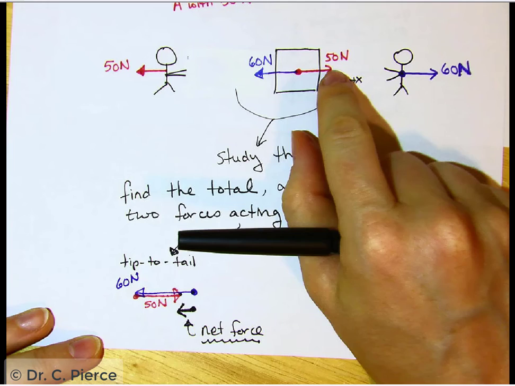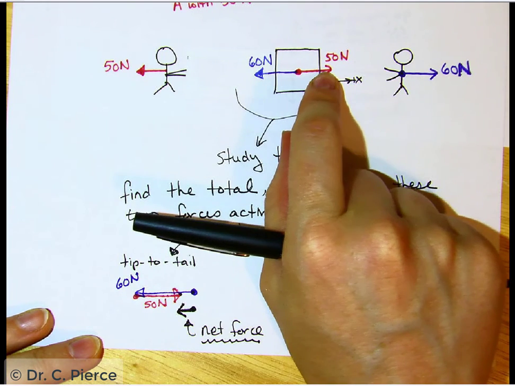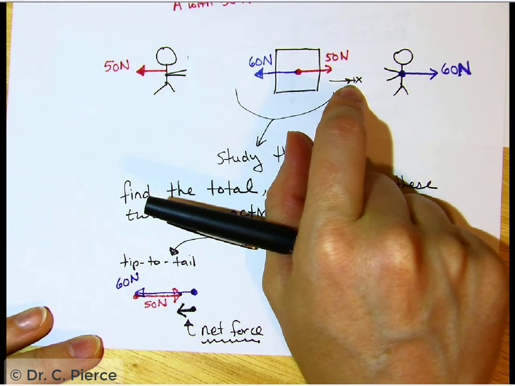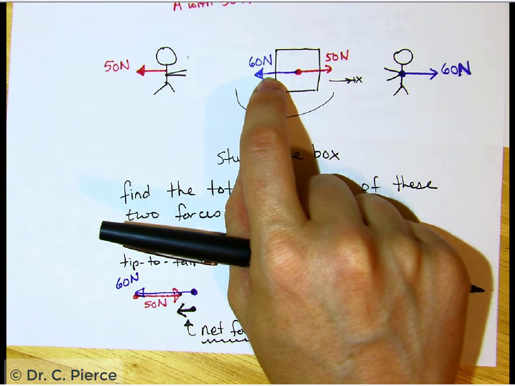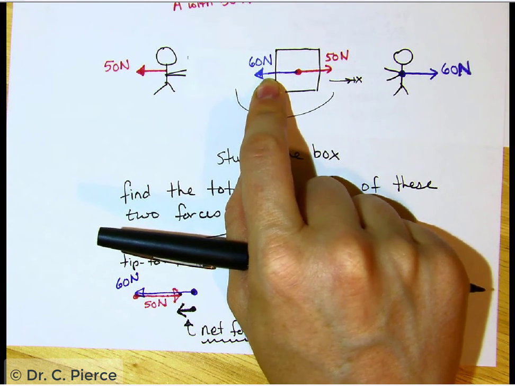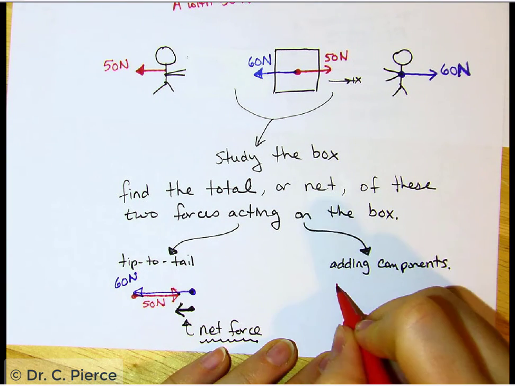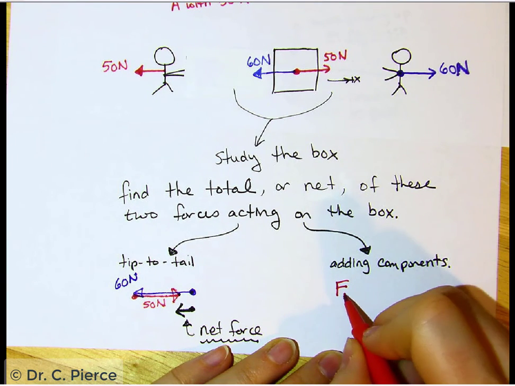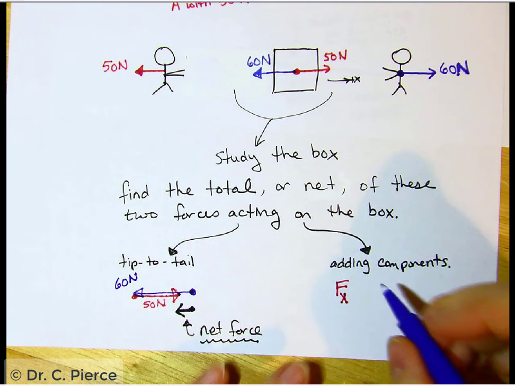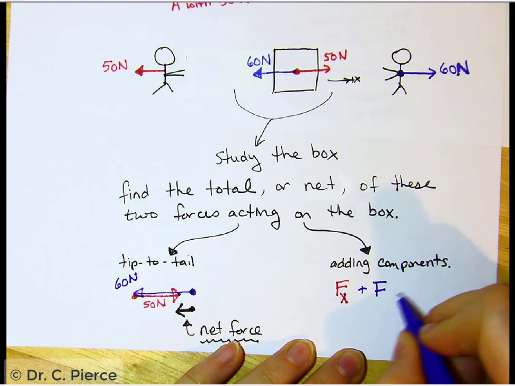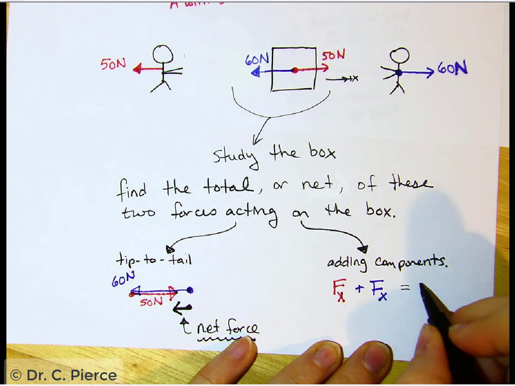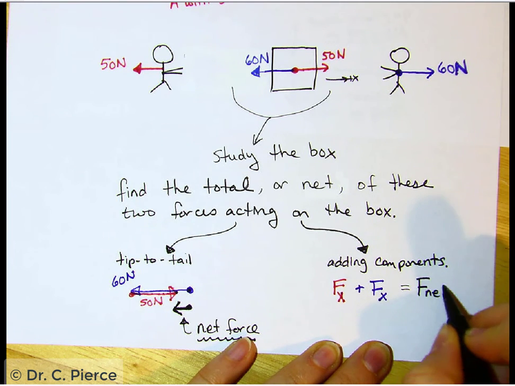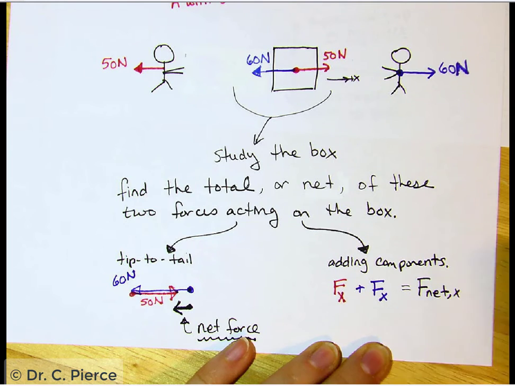So wouldn't this one be a positive 50 newtons along the x direction? And then this one is pointing backwards compared to that positive x direction, so we would call it a negative 60 newtons. So we could add up the amount of force in the x direction from the red force, and add it to the amount of force in the x direction from the blue force. And that would give us our net, our total, along that x direction.